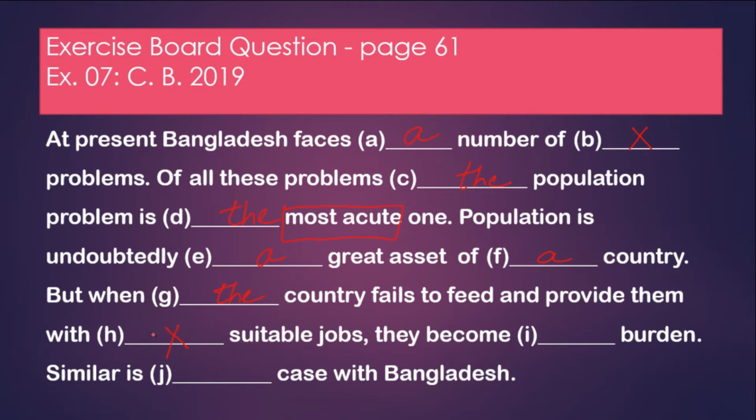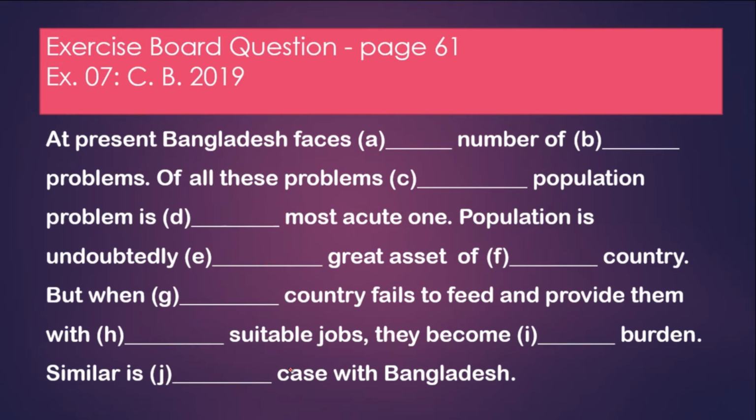Provide them with jobs, the plural form is given here, so we will use no article here. Suitable jobs, they become a burden. Similar is the case with Bangladesh. So we have done the first one.